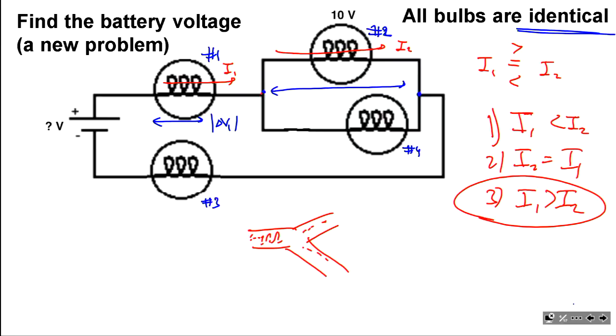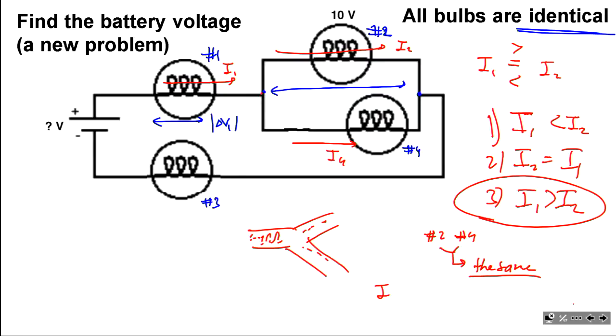If all the bulbs are identical, what does it say about current number two and current number four? Equal, they must be equal. Same voltage, same resistance, same current. For bulb number 2 and bulb number 4, everything is the same.